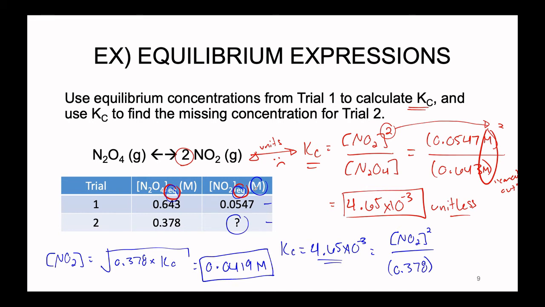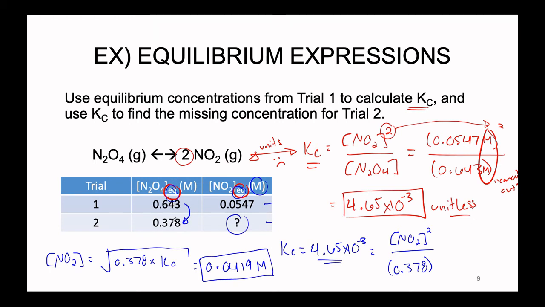Okay, so let's take a quick beat before moving forward to make sure that this value actually makes sense. So in trial 1, the ratio of product to reactant, we can see that the product concentration was a 0.0547, and the reactant concentration was a 0.643. Well, between trials 1 and 2, we can see that the concentration of the reactant decreased.